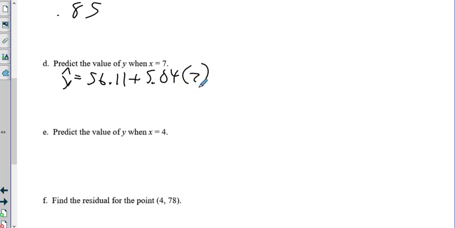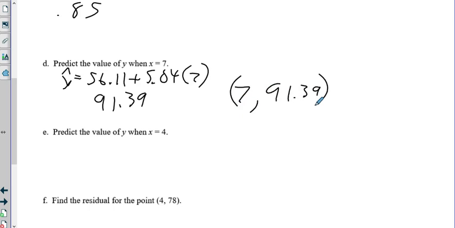We put 7 in, multiply by 5.04, and then add 56.11. We get 91.39, which means the point, x of 7, y of 91.39. Not important for this problem, but it will be coming up.